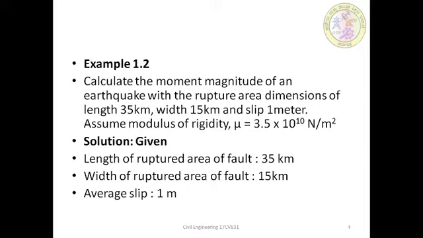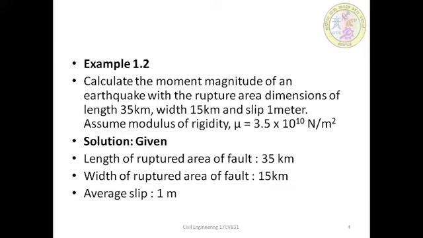Now let us take another example. In this example it says calculate the moment magnitude of an earthquake with rupture area dimensions of length 35 kilometer, width 15 kilometer, and slip is 1 meter, and assume the modulus of rigidity mu as 3.5 into 10 raised to 10 Newton per meter square.